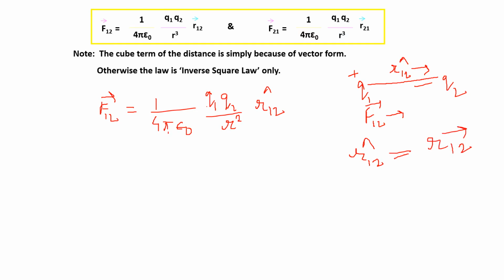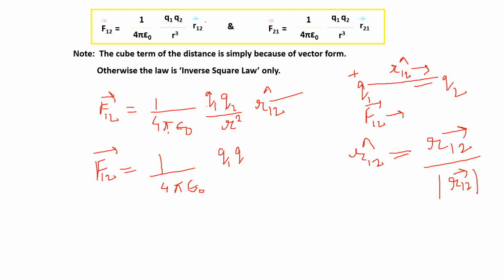When you put the value of R12 here, you will get F12 equal to 1 upon 4 pi epsilon naught Q1 Q2 upon R square times vector R12 upon magnitude of R12.